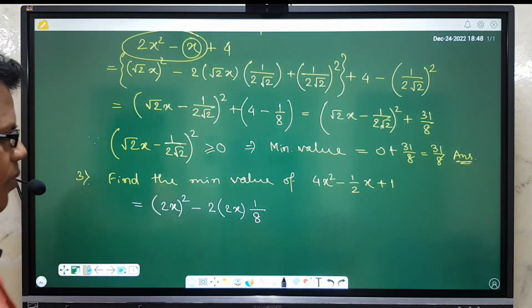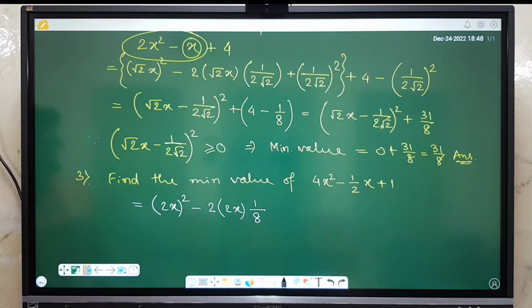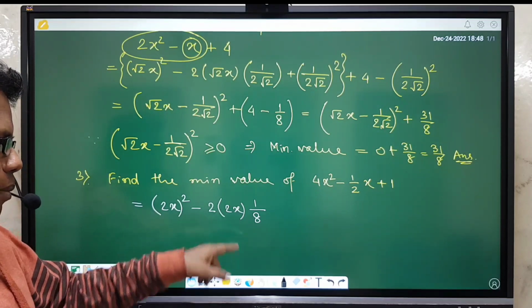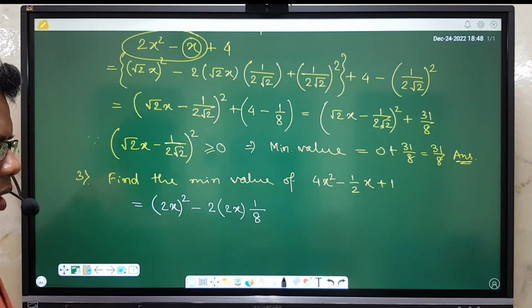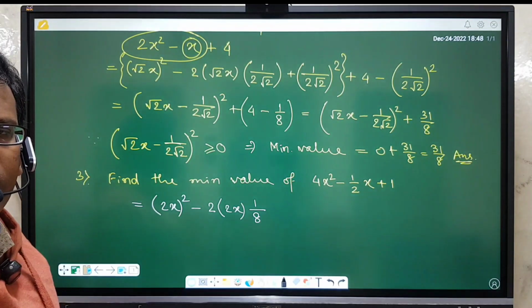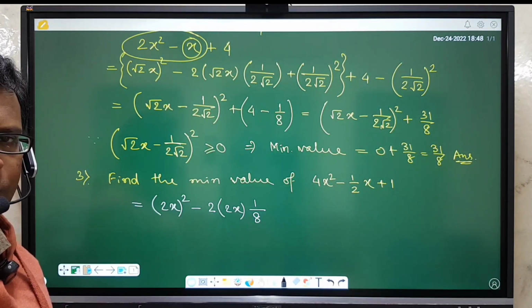Yes or no? If I'm taking a as 2x, then b must be 1 by 8. Then only 2 into 2x into 1 by 8 can become x by 2. Yes or no? Because this given middle term is available as x by 2.